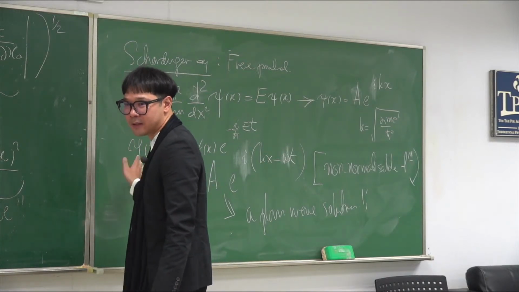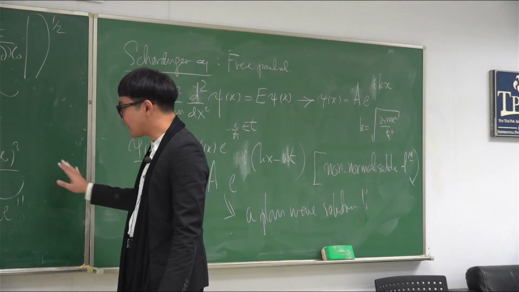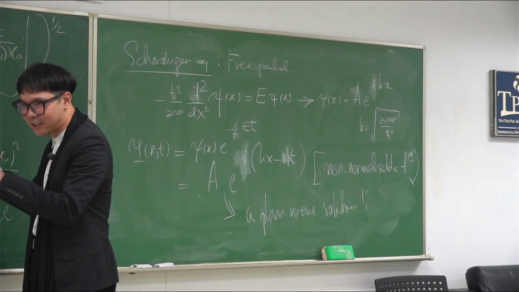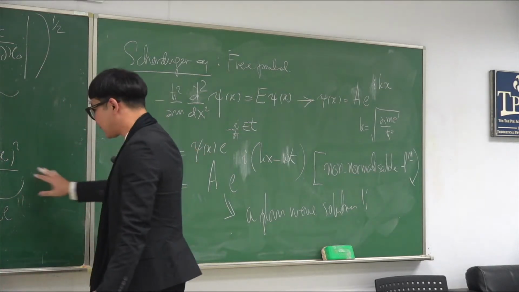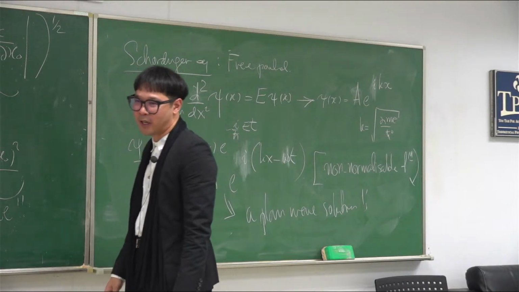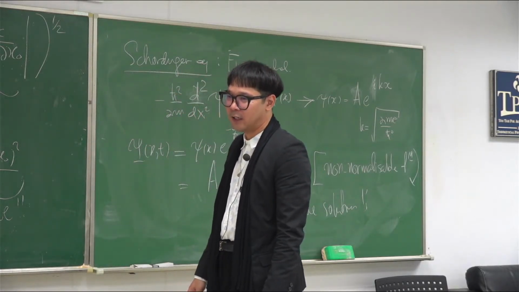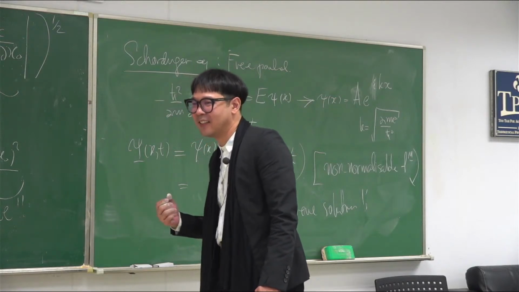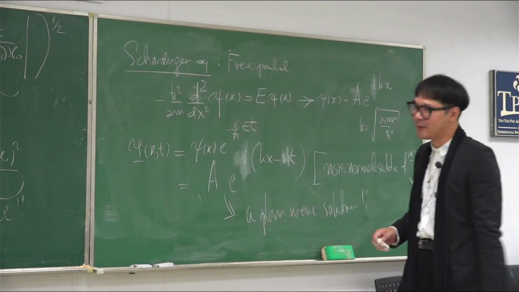Otherwise, you're not consistent. This means that somehow this must be hidden in this complicated expression, and then we have to find a way to get it out. You know what I mean?